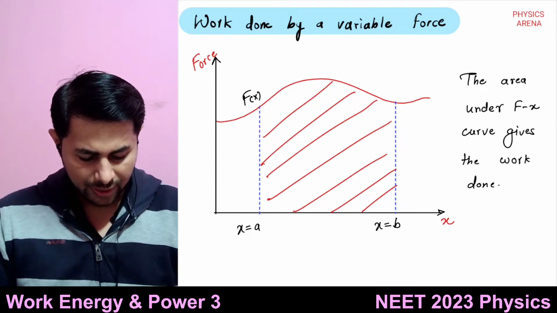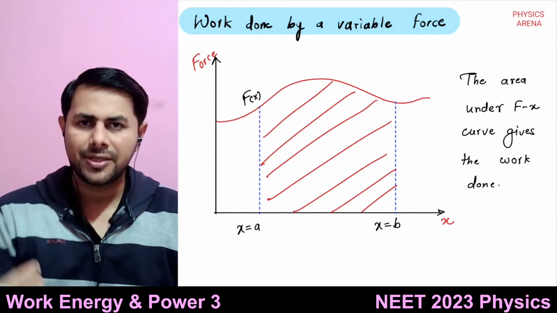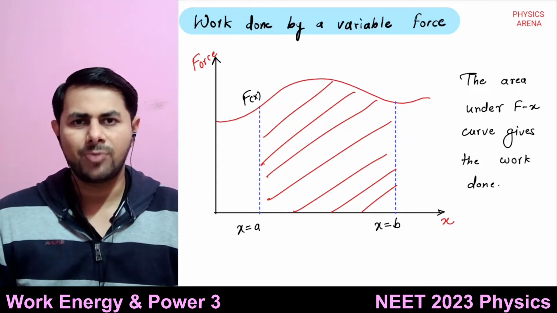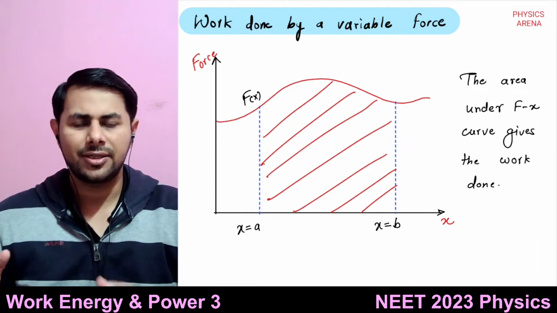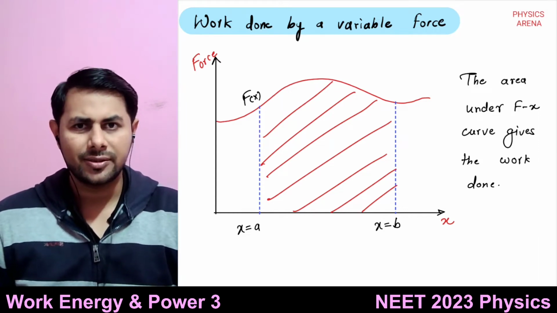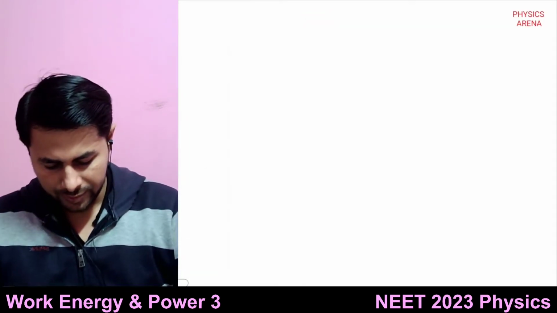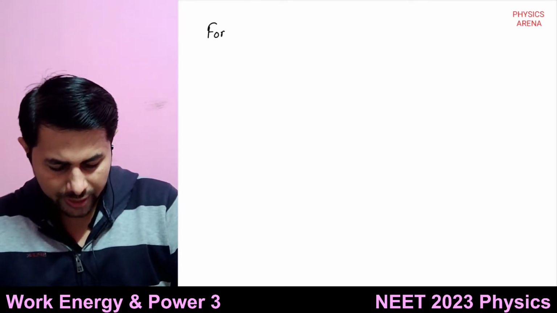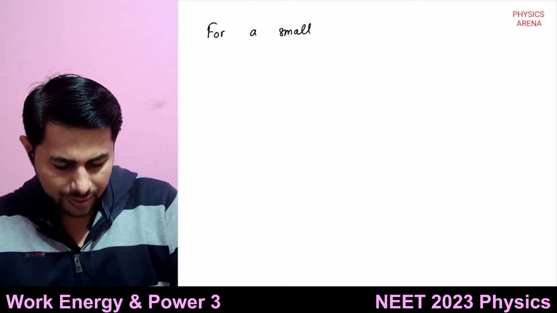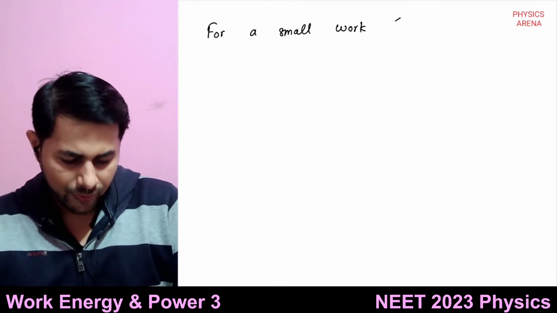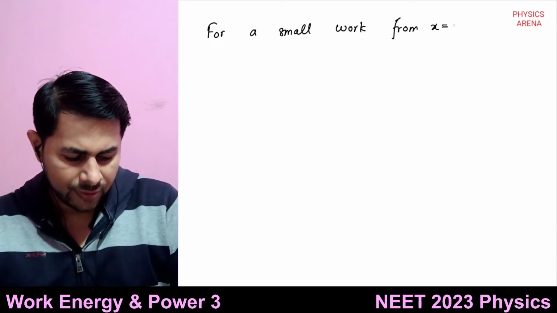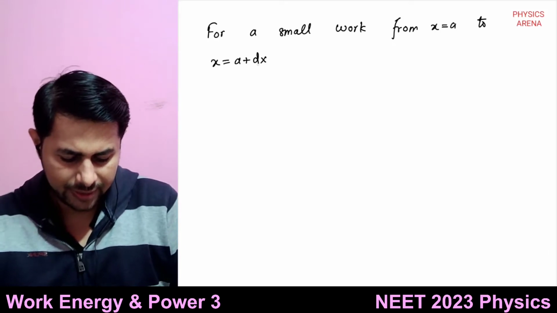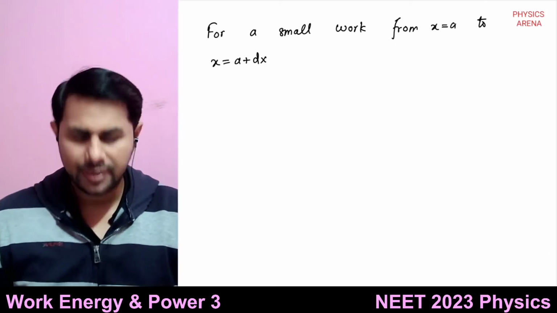Now let's suppose this object is displaced by a very small displacement. For a very small displacement, you can consider that this force will remain constant. So for a small work, from x equals a to x equals a plus dx, the displacement is dx.